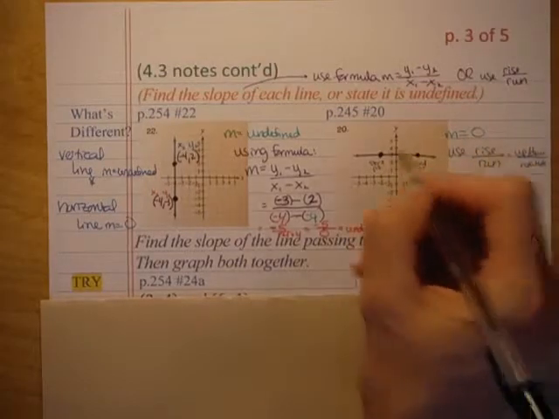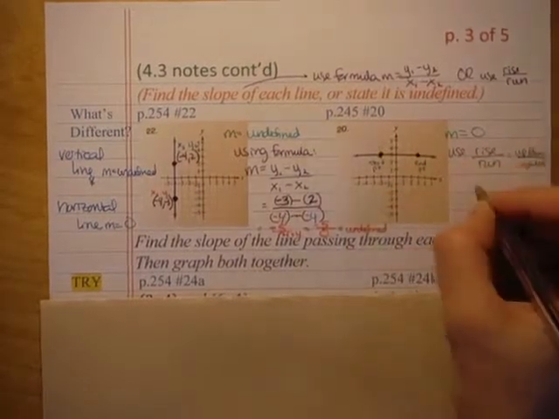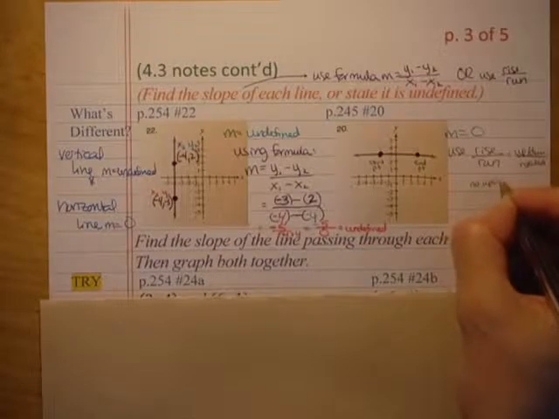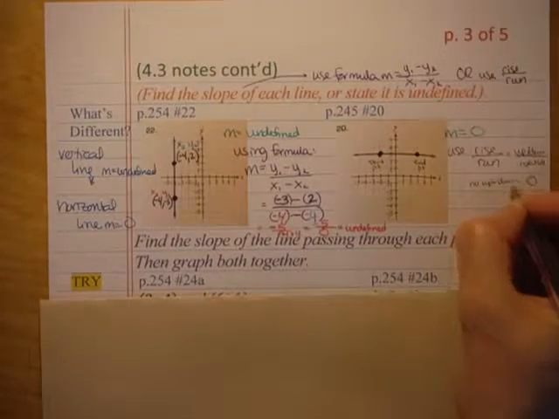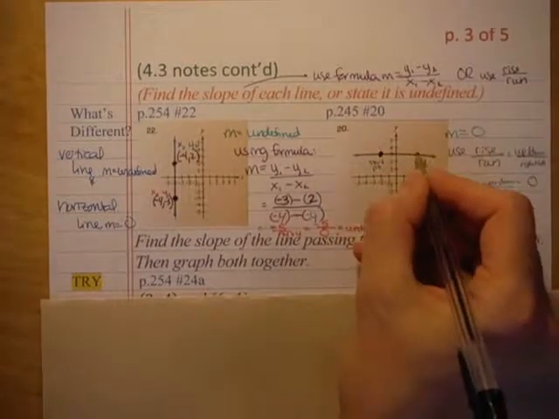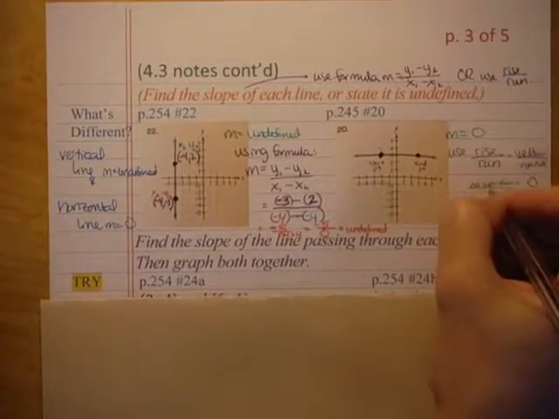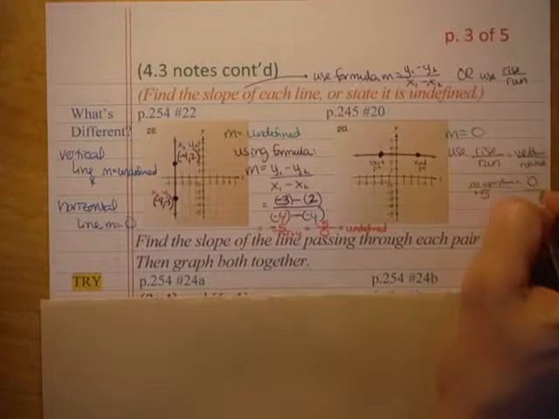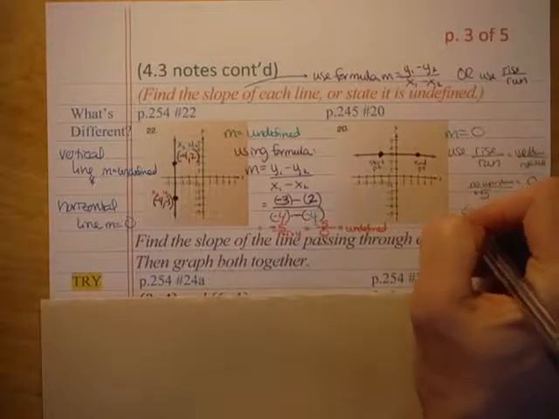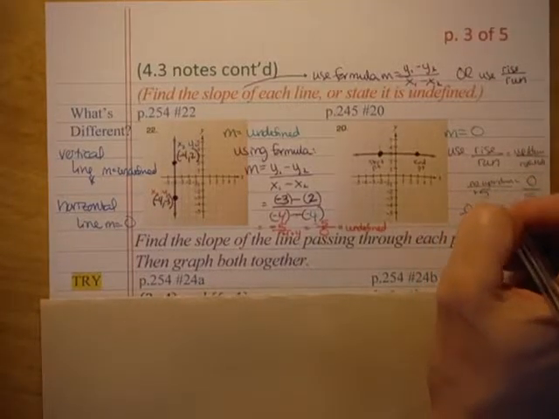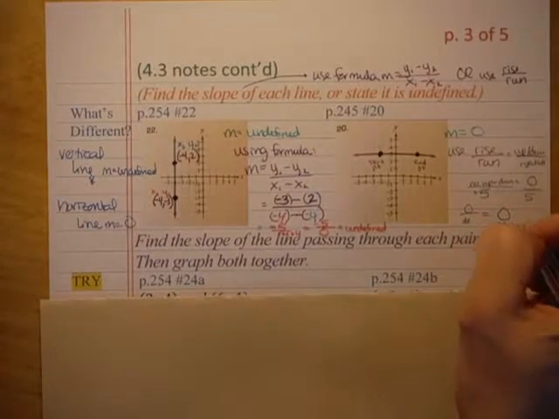And I first look at my up or down, and there is no up or down movement. So that's going to be a 0 on the top. And run, the 2 points I picked happen to be 5 spaces apart, so I'm headed to the right 5. But in this case, it really doesn't matter because 0 divided by any number is just going to be 0. So my slope value is 0.